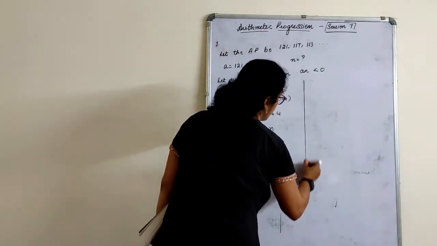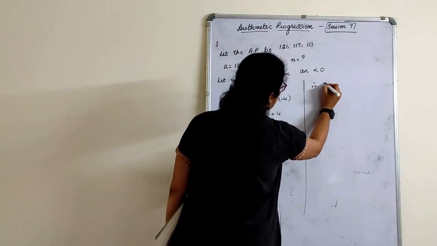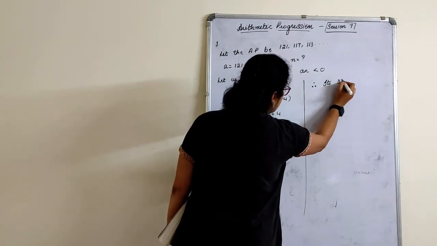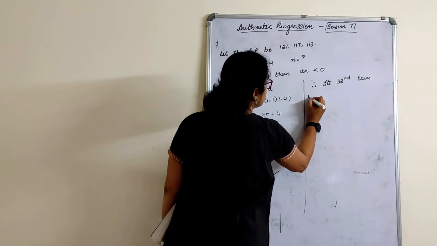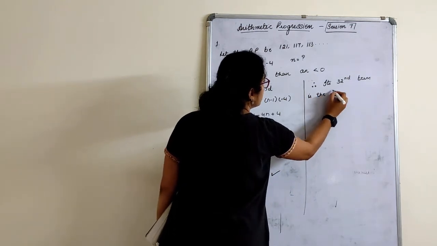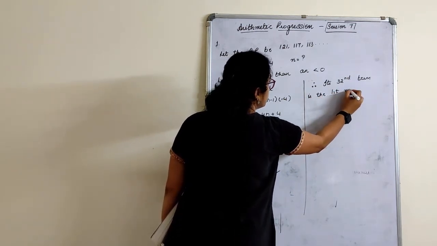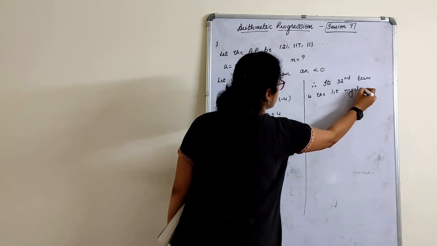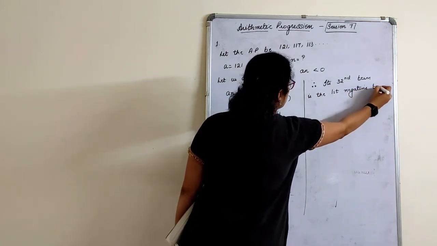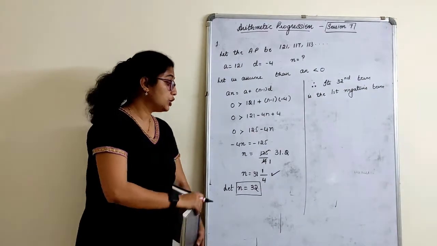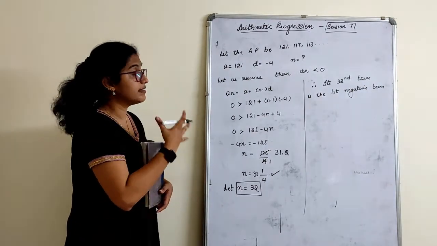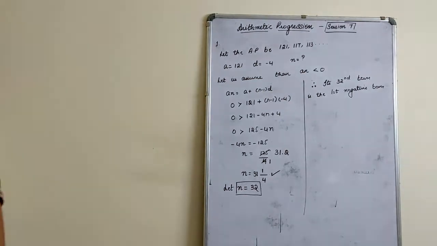Therefore, the 32nd term is the first negative term. Yes, this is how you solve it. Whatever you get, you need to write it in this form.